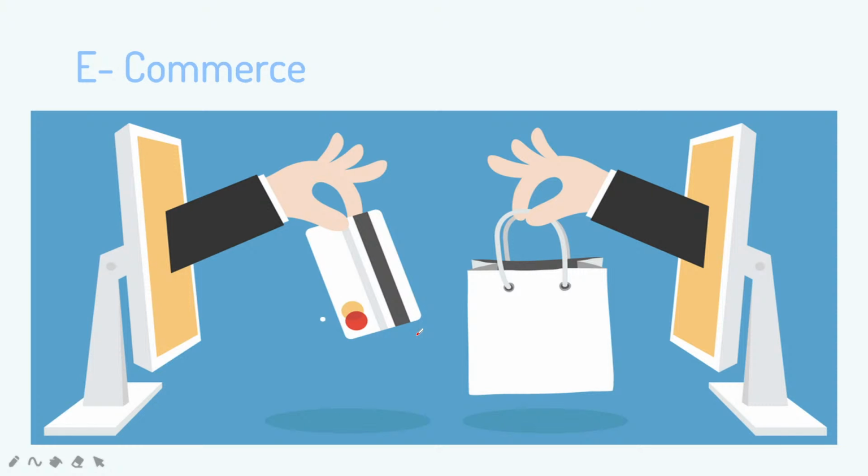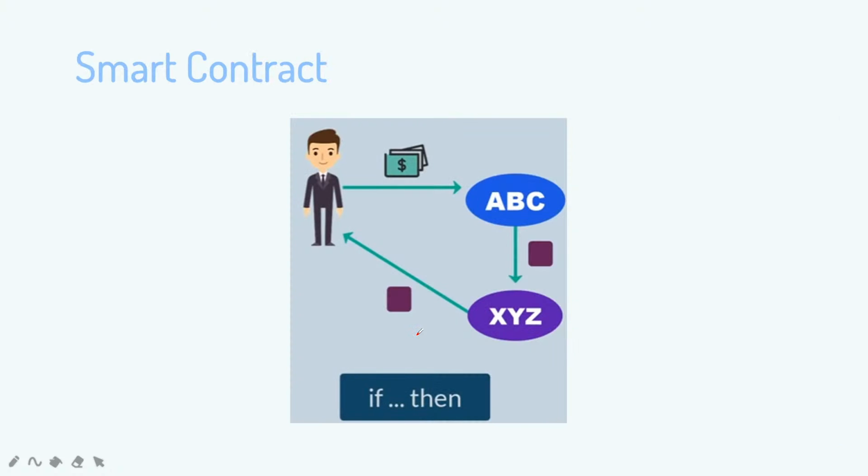When you transfer your amount to the website, they will pack your product and deliver it with a delivery man. So generally, if you need to buy any product on an e-commerce website, we need to pay the amount and then get the product. But suppose the product is damaged, or what you ordered is not available in your package, then it's difficult to get your money back, right? So for this purpose we are going to use this smart contract technique.